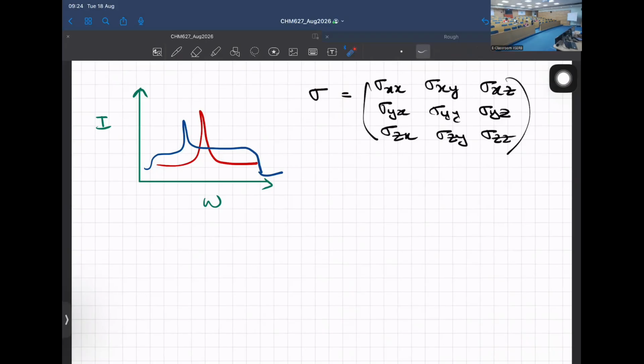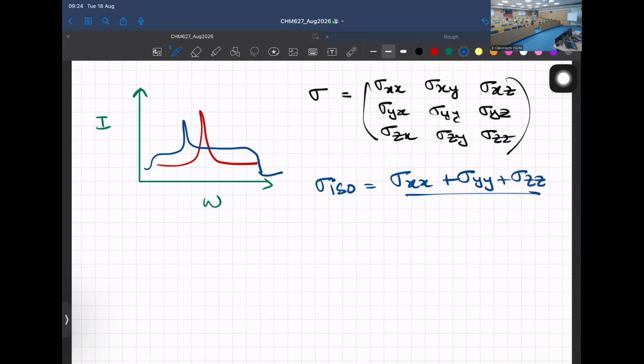It need not be isotropic all the time. Since in solution state NMR, our molecule tumbles in every possible orientation, we will not find the anisotropy. So therefore, we will only find the isotropic component, which is the average of the trace. Trace is nothing but the sum of diagonal elements in the matrix.